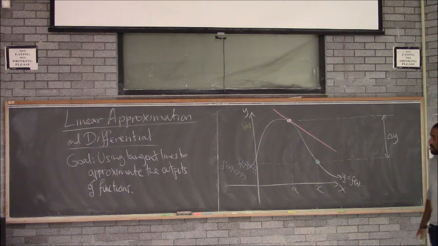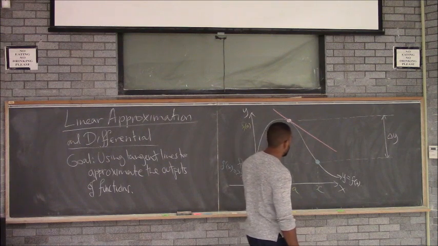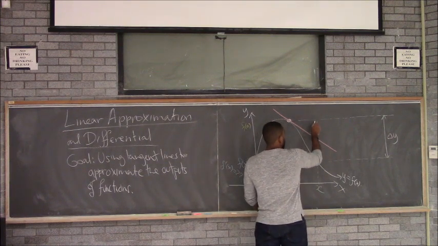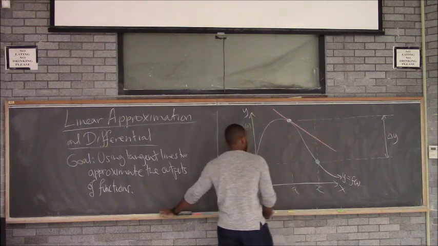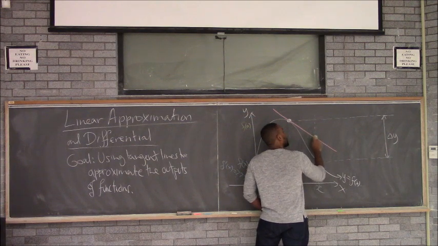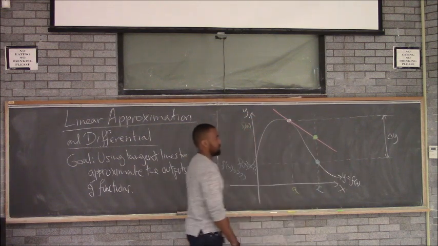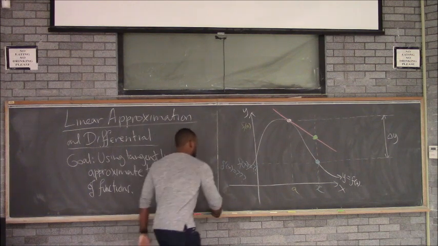Now, there's another point that can be of interest that is a lot easier to determine. So let's say at this same point, at this x point, I will actually hit the tangent line here. Now that green point is nice.